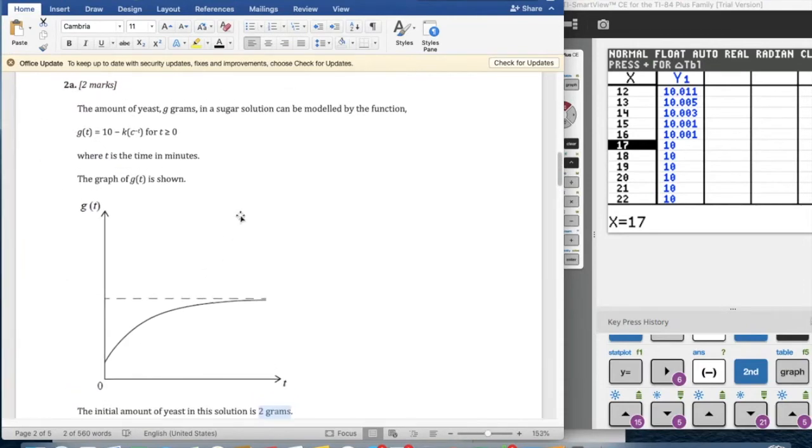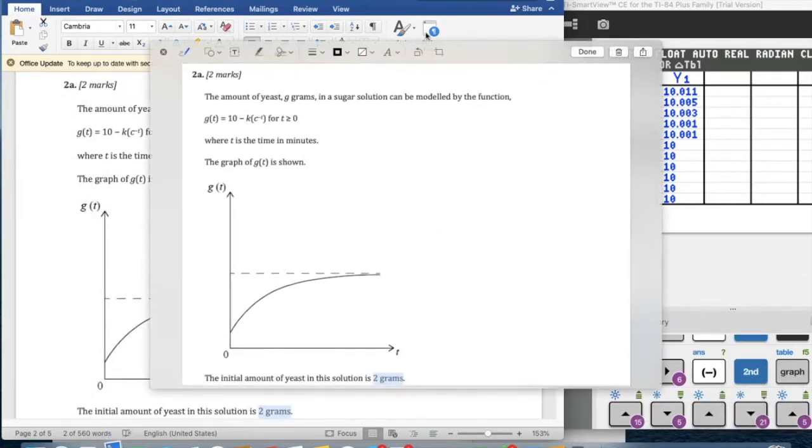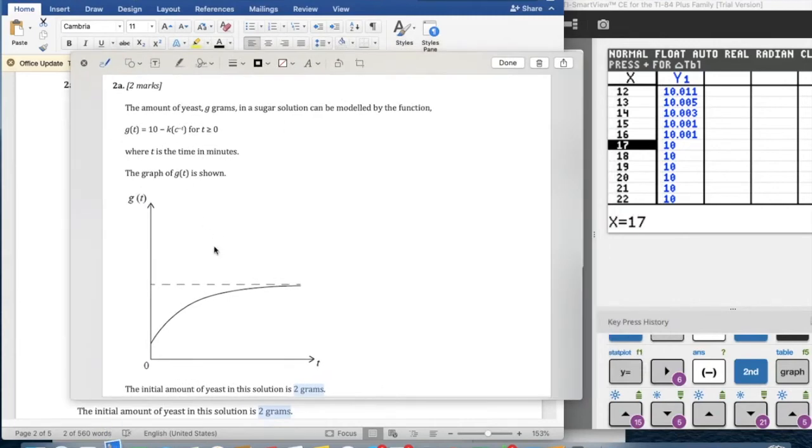So the first thing we're going to do is take this function and solve for k or c or t. We're going to talk about which one we need to solve for specifically. So we know g(t) is going to be 2. This is because it's the initial starting phase. At the initial starting phase, we also know that t is going to be 0.